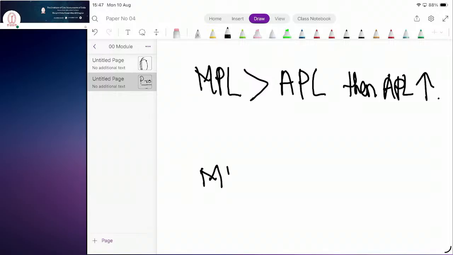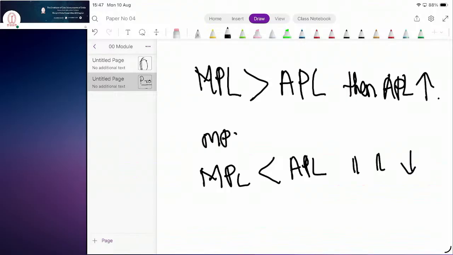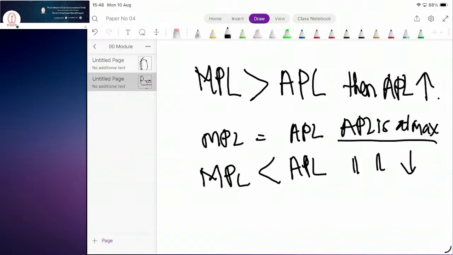When MPL is less than average product of labor, then APL is falling. And when MPL is equal to APL, average product of labor is maximum.